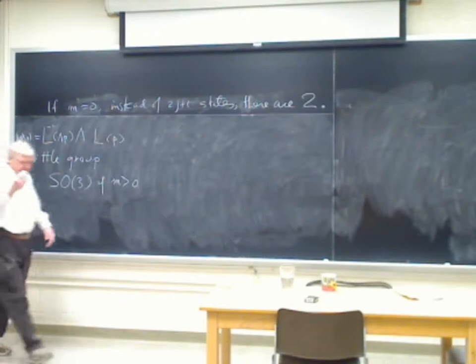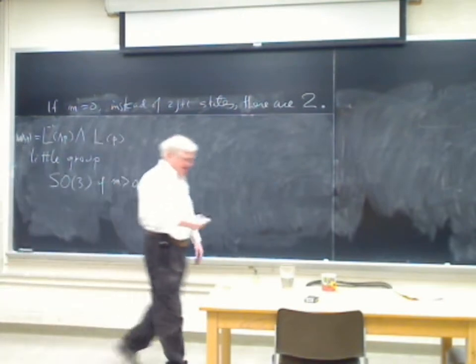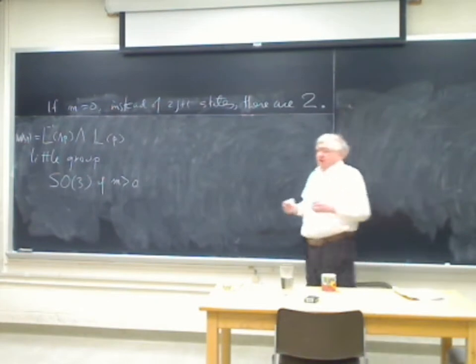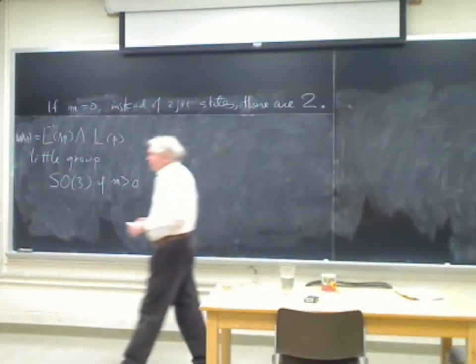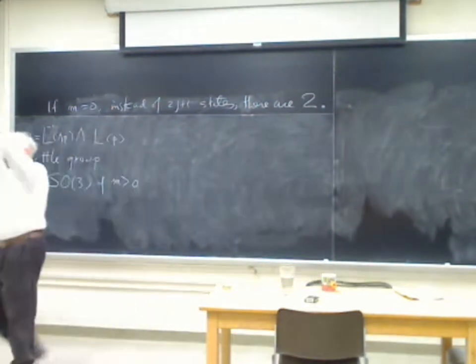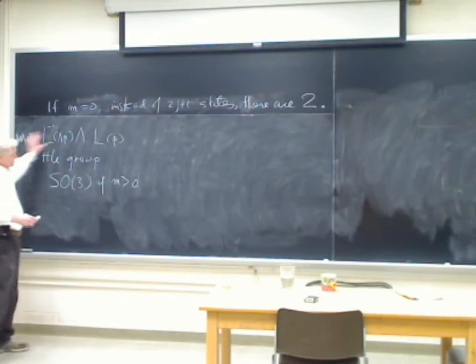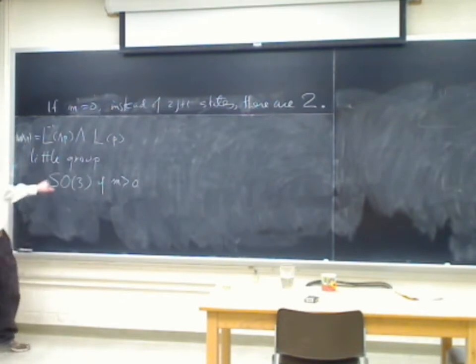But it's something different if the mass is 0. Then the fiducial state is not the particle at rest. The fiducial state is the photon, say, moving along the z direction, and of course it's always moving at the speed of light. When one goes through this analysis, one doesn't find that the little group is SO3.